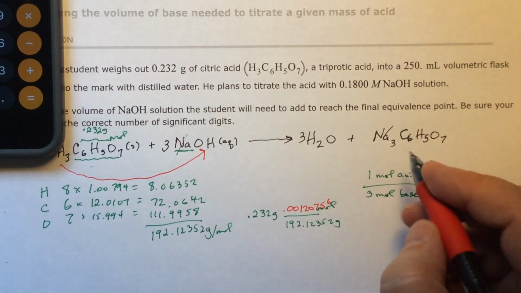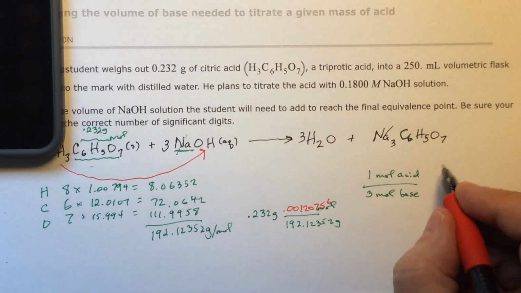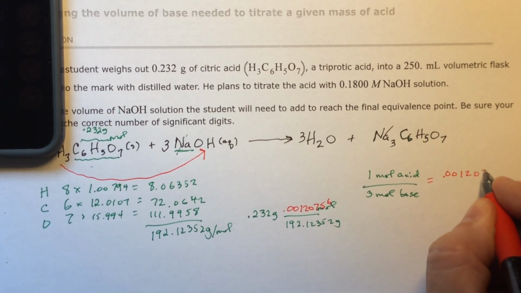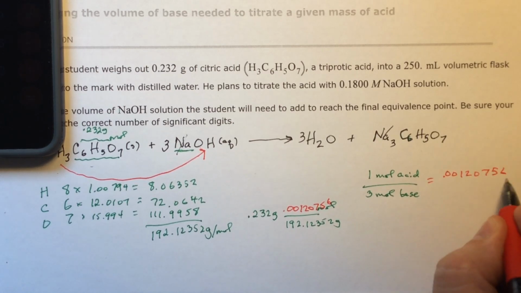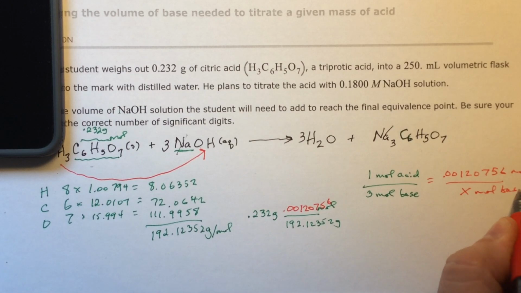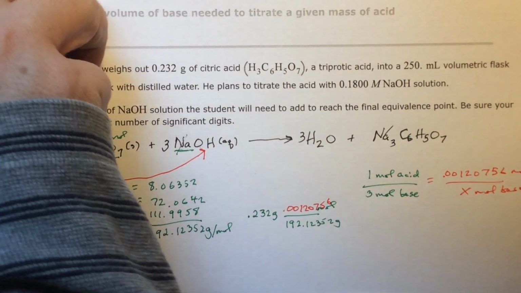The 1 mole of acid is to 3 moles of base as 0.00120756 moles of acid is to X moles of base. All right.